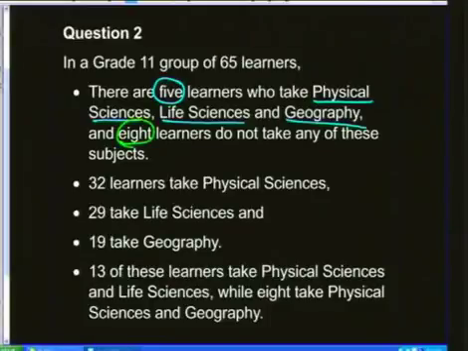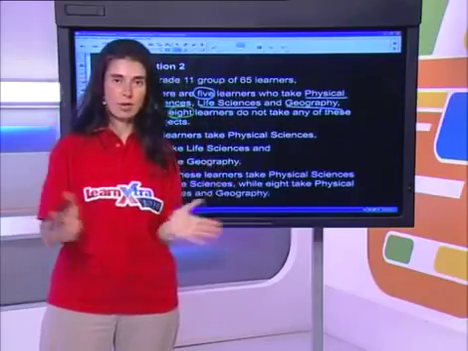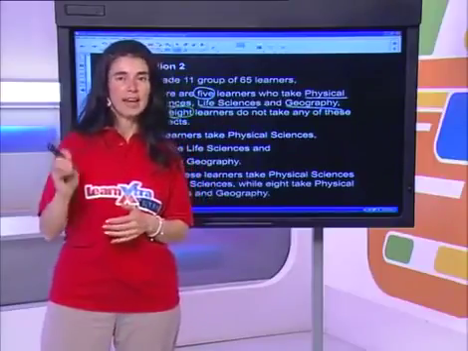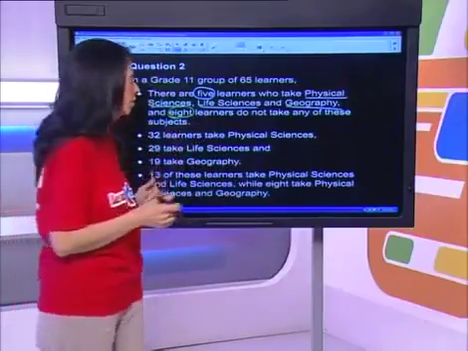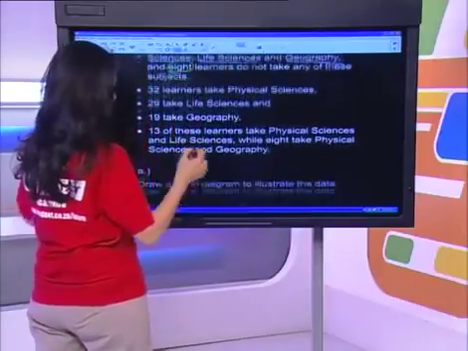So where we begin to visually describe this data is always with our sample space. We've got 65 in our sample space, and we've got 8 who do not take any of these subjects. So let's draw that first.